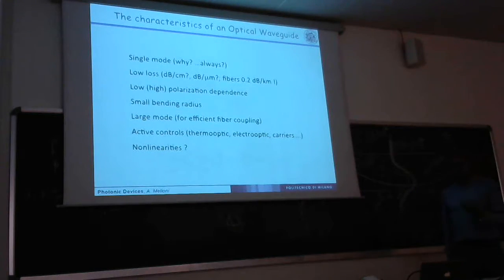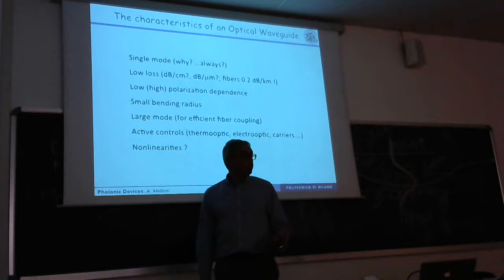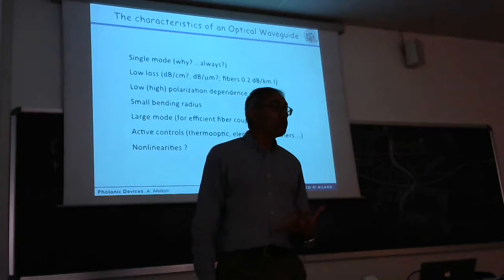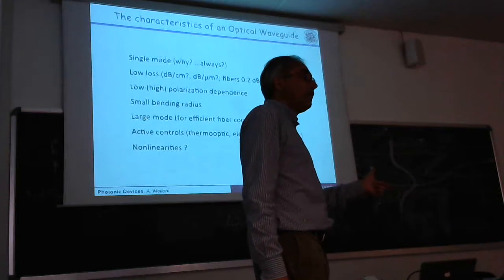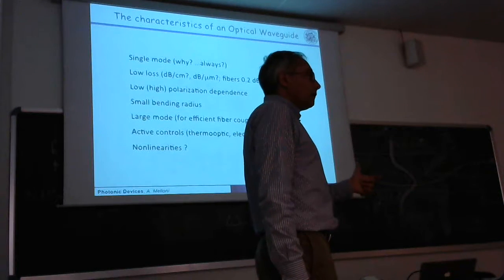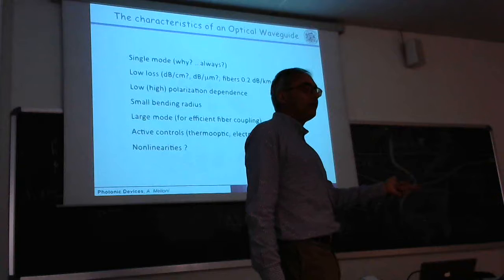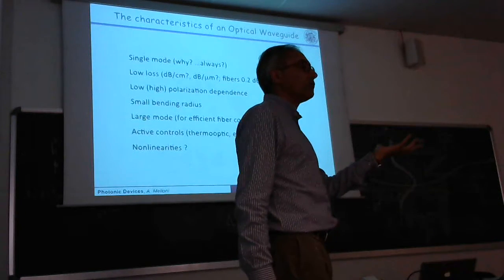So 0.01 dB per micron is very low loss. If you translate that to centimeters, it means 10 dB per centimeter. That is a very large attenuation. So it depends on the dimension of your device.